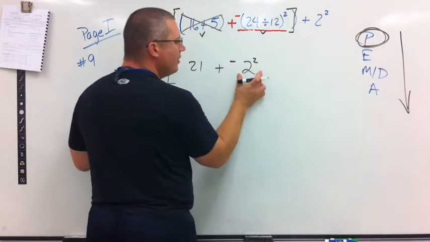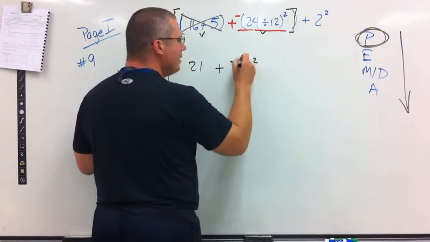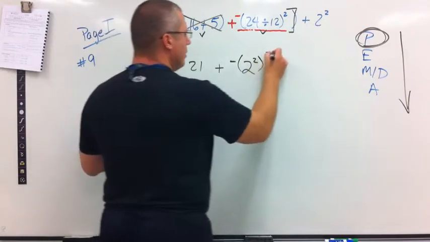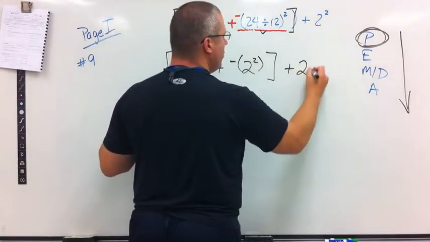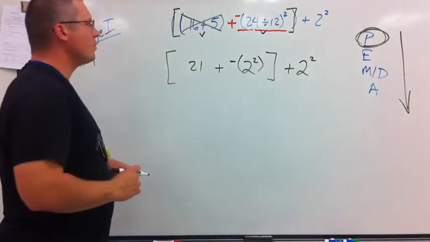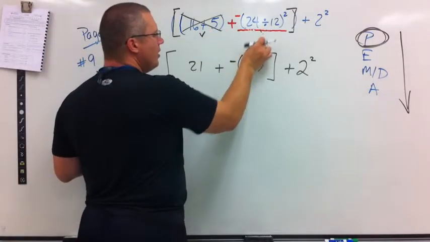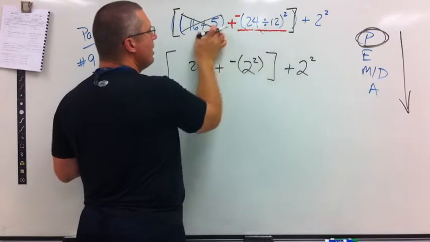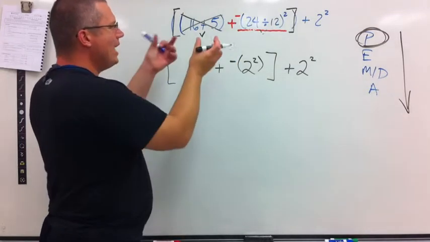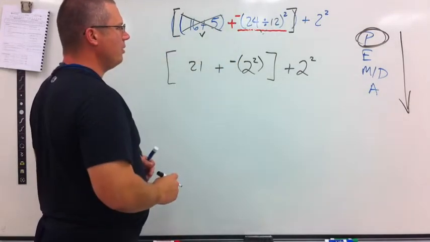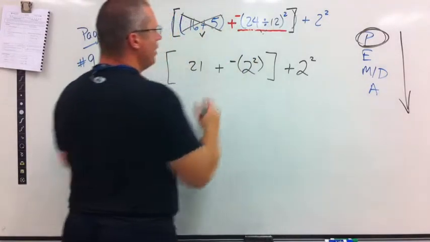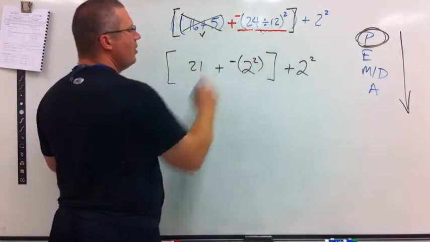Remember, it's the opposite of whatever this whole quantity is. And then I have my parenthesis plus 2 to the second. Okay, so you'll notice I took care of 2 parentheses at once, and the only reason is because I had 2 separate parentheses. So I can handle both at once. I did not collapse everything, even though this was added, even though this was divided.